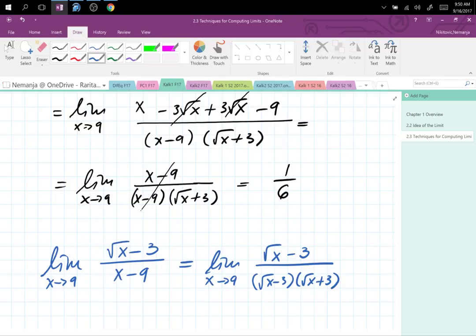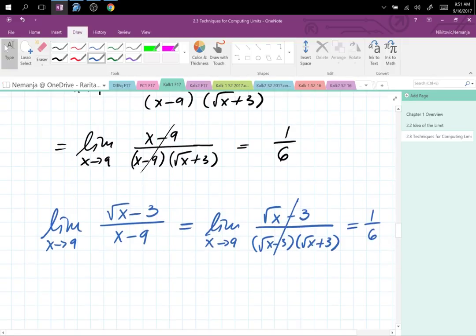Now when you cancel, you get the same solution without going crazy. All right, so now cancel, and in one step we are at 1 over 6. Perfect.